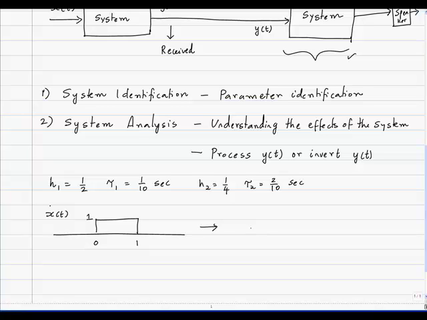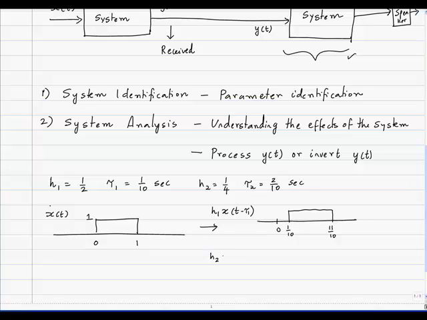So there are a couple of ways to do it. Like I said, one way to do it is to say first form h1 times x of t minus tau1, which will have a height of 1/2. Maybe I will draw it to scale, or try to draw it to scale.